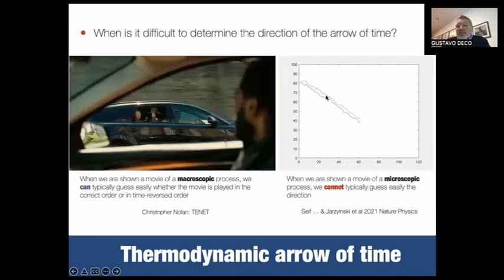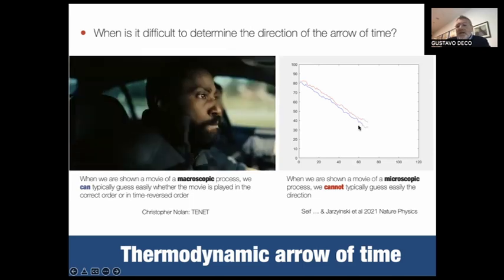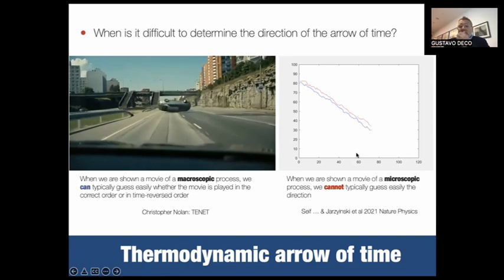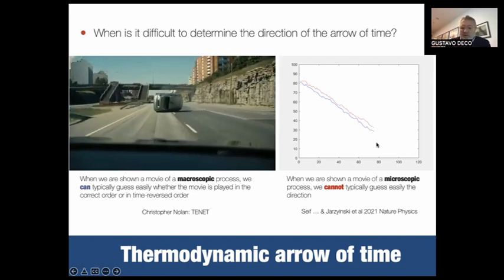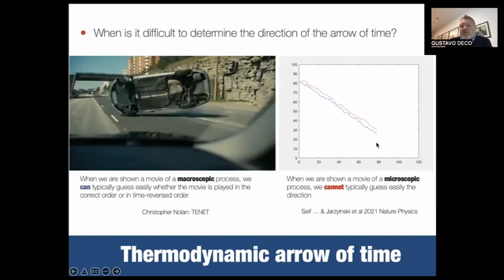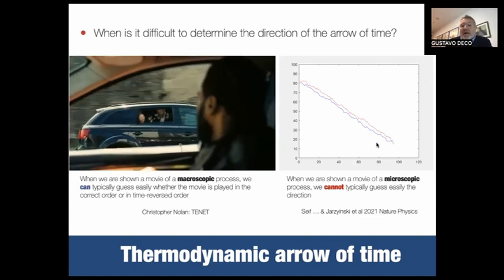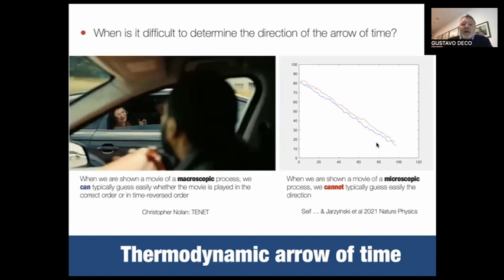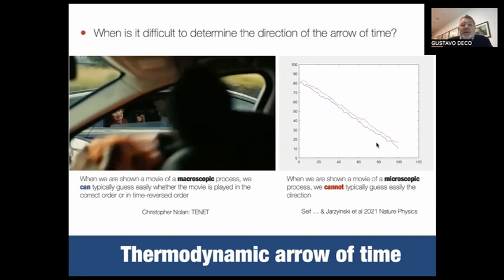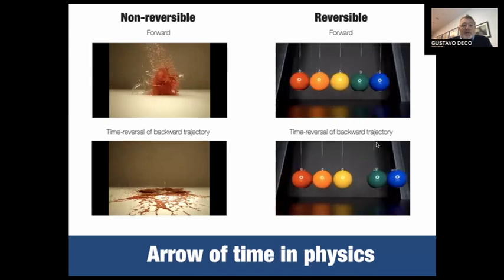But that means that sometimes in the macroscopic case, it's very easy to detect the arrow of time. And in other cases, like in microscopic cases, or in the cases of brain signals, as we will see soon, it's not so easy to distinguish, in spite of the fact that we know that there is a clear arrow of time. There are other cases where the determination of the arrow of time is very easy.